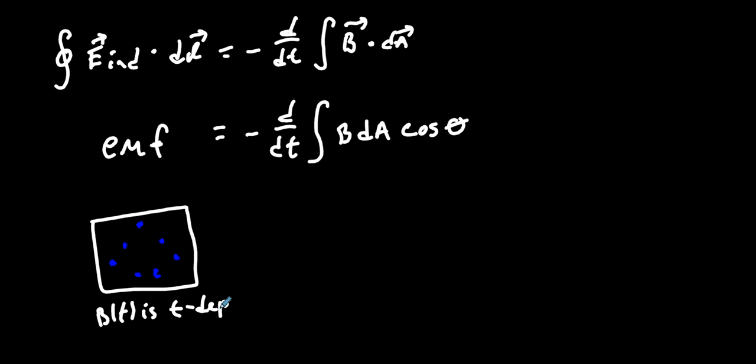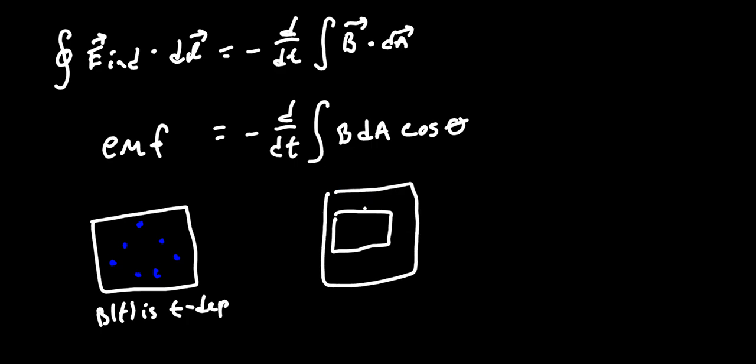Okay. Next case scenario is our area is time dependent. So our area is changing over time. Obviously, it's a little more uniform than this, but you get the idea. Okay, now it looks more uniform.